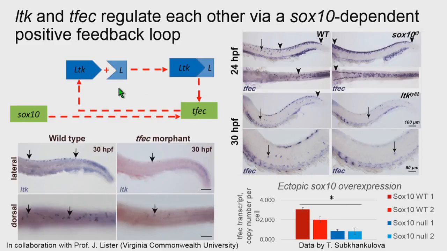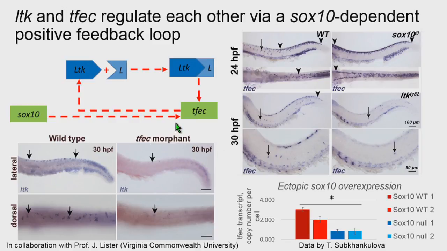Moreover, we find that LTK, which is a receptor tyrosine kinase, can bind to its ligand and upregulate indirectly TFEC expression. We see that by looking at LTK mutants for TFEC expression and show that these iridoblasts that I showed you earlier are now not marked by TFEC. And the only remaining cells here have very weak TFEC expression.